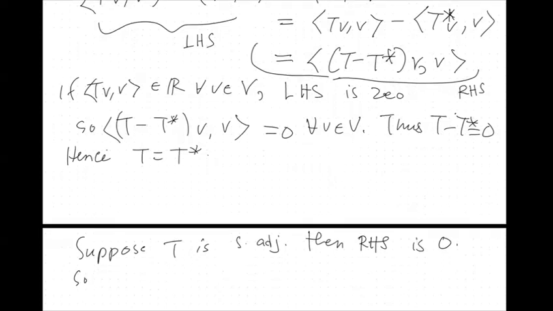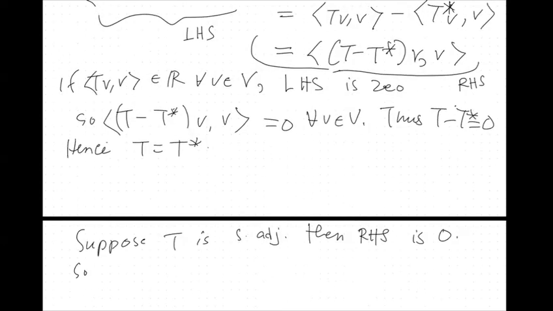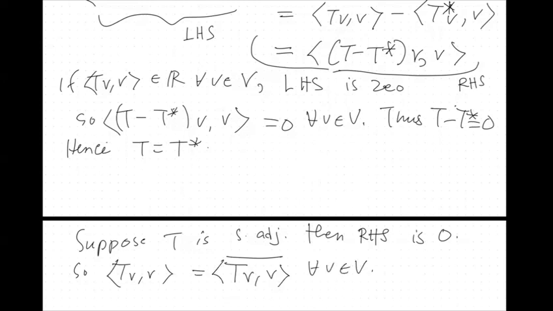So if that is 0, what happens? Your TV, V is equal to V, TV for every V in the vector space V. Thus, what can you say if this is equal to its conjugate?